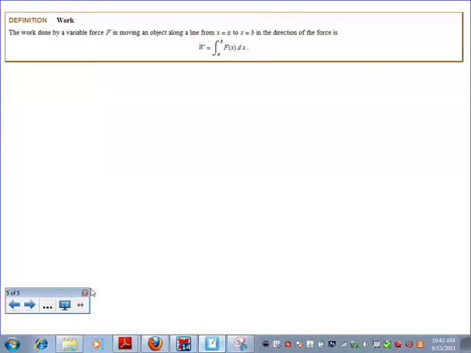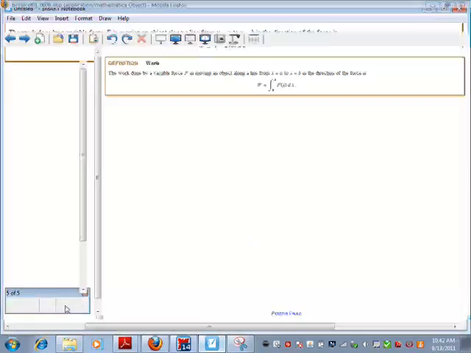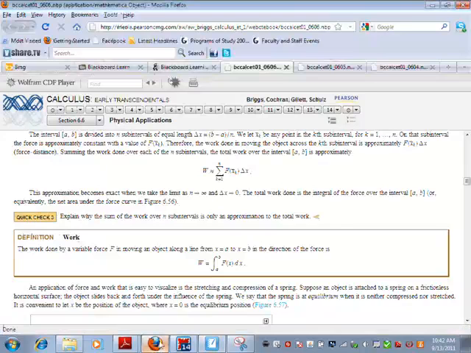Questions about that? So I'm giving you this in question 11. Question 11 will be about work and about mass. Okay. Let's do an example.